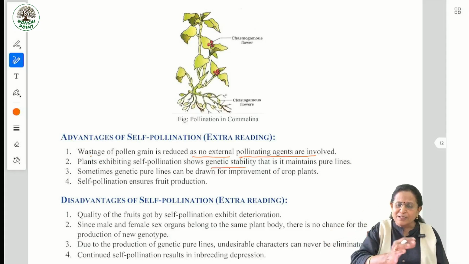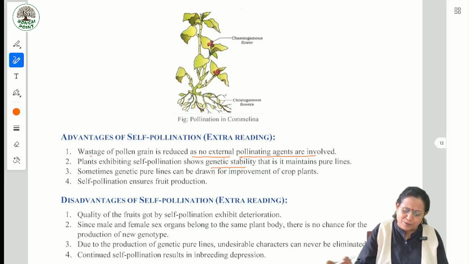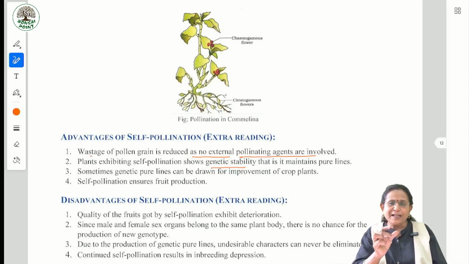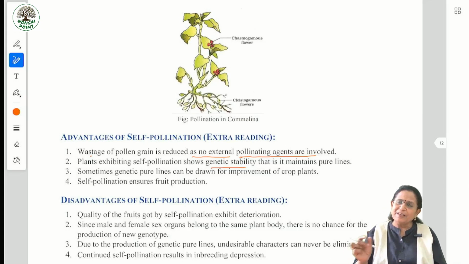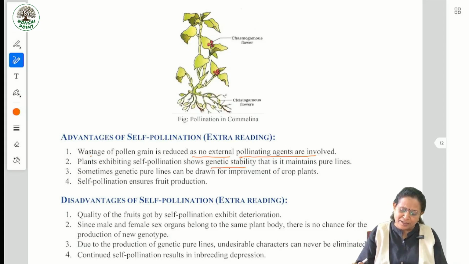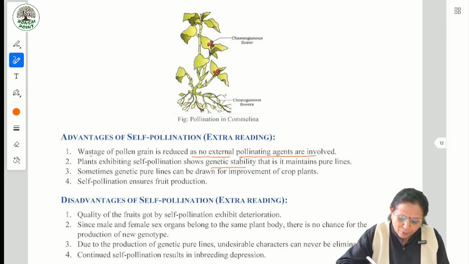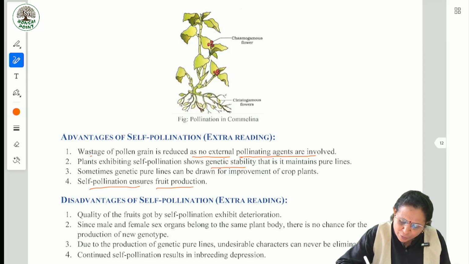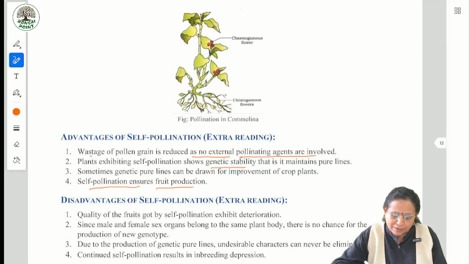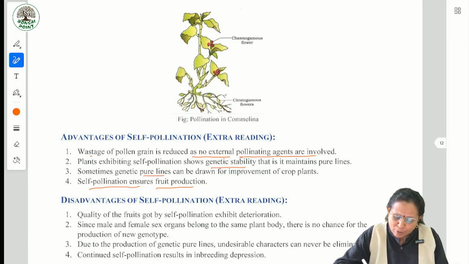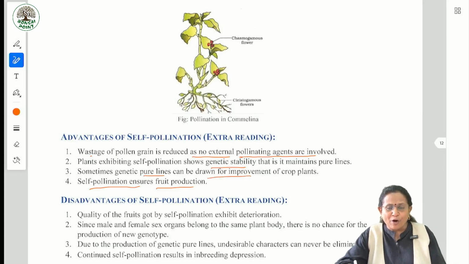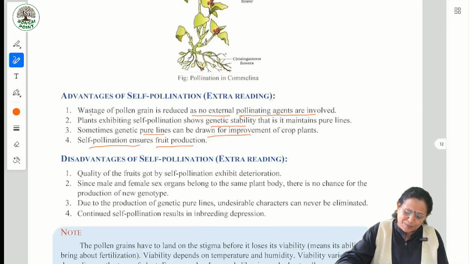The good characters are passed on from the parents to the offspring, but along with that, the unwanted characters also pass. Thereby, we have both advantages and disadvantages in self-pollination. Self-pollination ensures fruit production. Sometimes genetic pure lines can be drawn for improvement of crops.